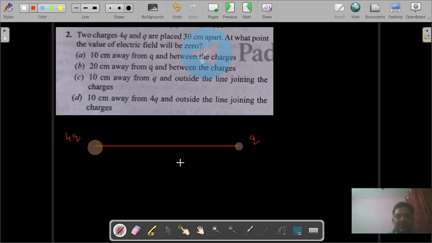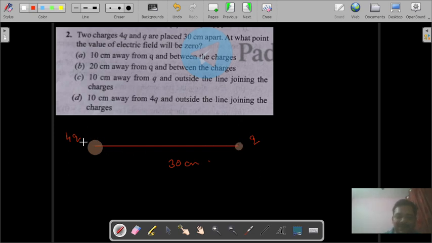They are separated by a distance of 30 centimeter. Now we want to find a point where the net electric field due to them will be 0. As the two charges are of a similar nature, either both positive or both negative, considering them to be positive, the result will remain the same if you consider negative.